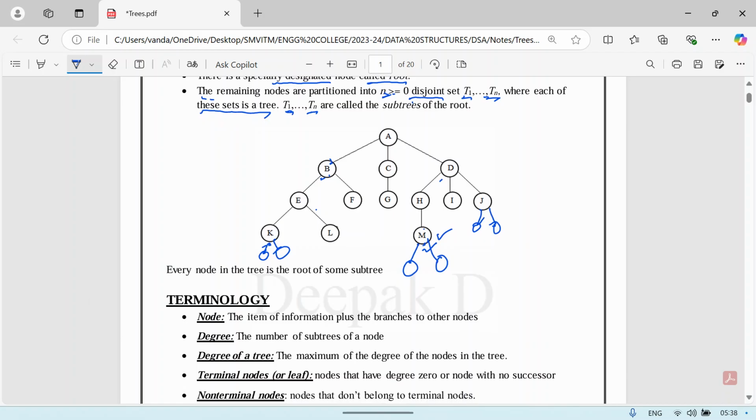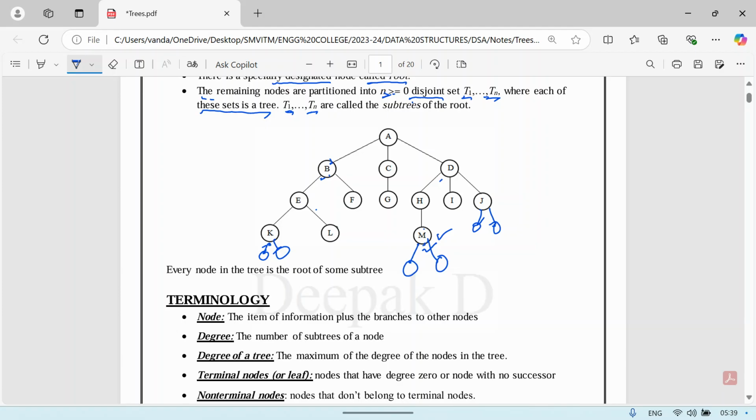The ones which do not have any degree are called leaf nodes. If they have some degree, then they are called non-terminal nodes. You have to understand these terminologies because throughout the module, we will be using these terms.